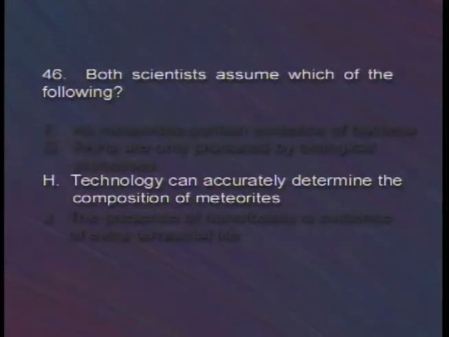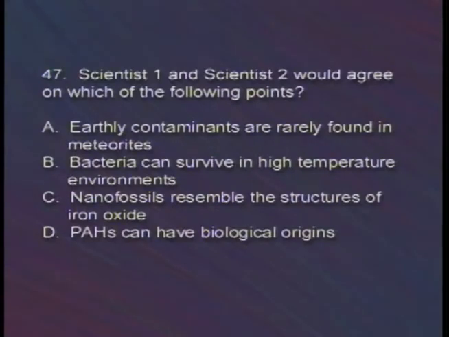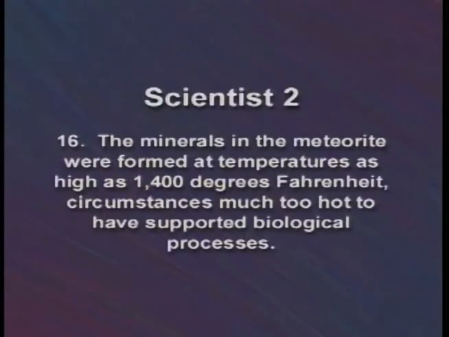Question 47. Scientist 1 and Scientist 2 would agree on which of the following points? Scientist 2 would not agree with option A. Scientist 2's argument depends on stating that meteorites can be contaminated. Scientist 2 would also disagree with option B. At certain temperature levels, biological processes cannot be supported.